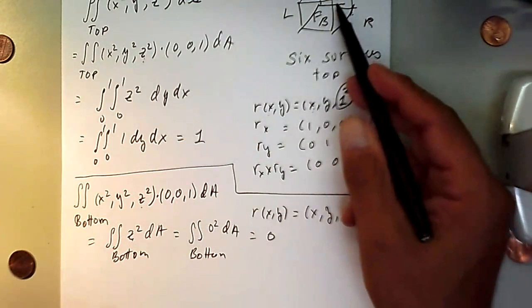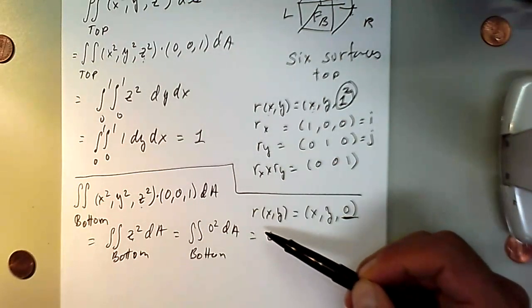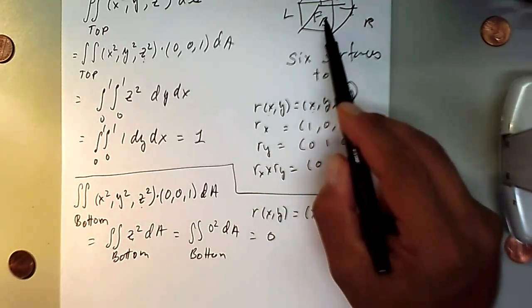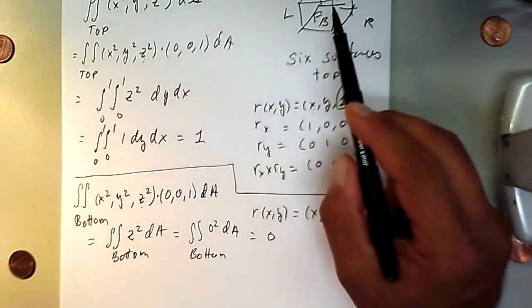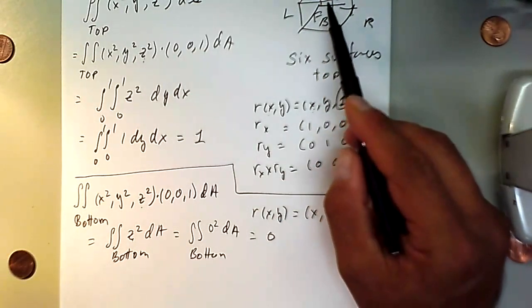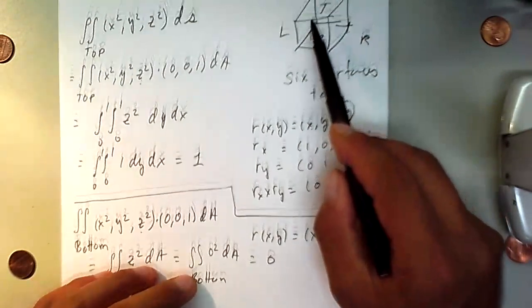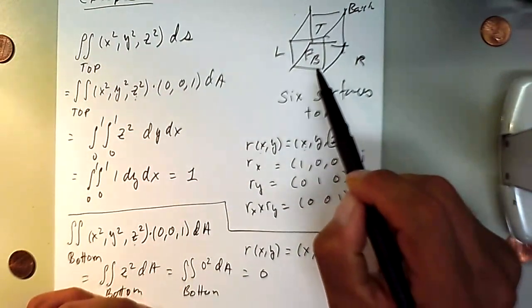So far we have the top plus the bottom, which is 1 plus 0. That is interesting. The bottom did not contribute to the flux of the vector field. We're finding the flux, after all. The flux of the vector field through the top is 1, through the bottom is 0.